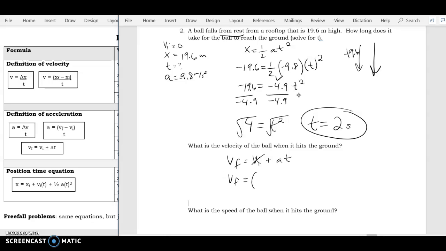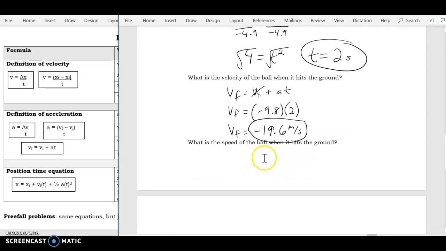All right, so VF equals negative 9.8 times 2. So you get negative 19.6 meters per second. And then when it asks the speed, again, speed does not have direction included. So we're just going to say it's 19.6 meters per second.